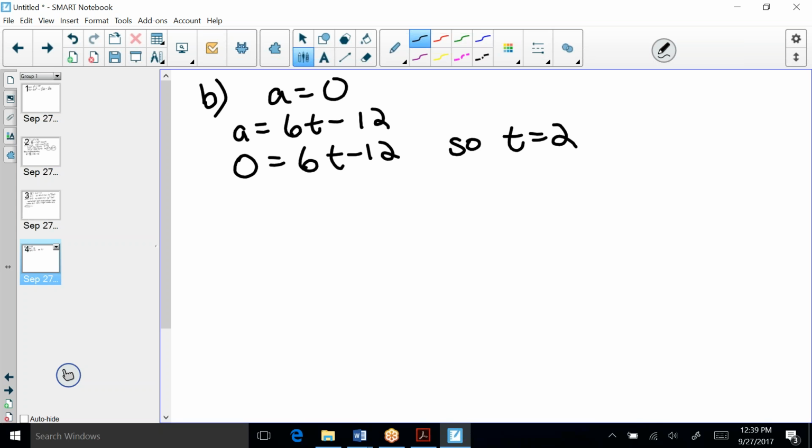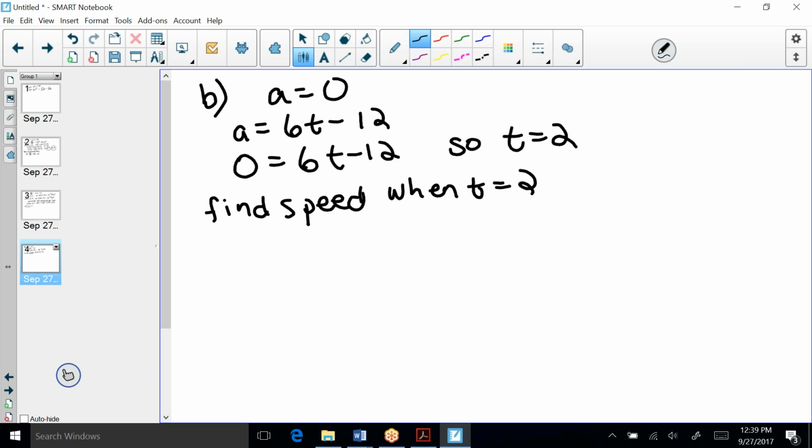So the acceleration is going to be 0 when the time is 2 seconds. So we have to find the body's speed at 2 seconds. So we have to find the speed when t is equal to 2.